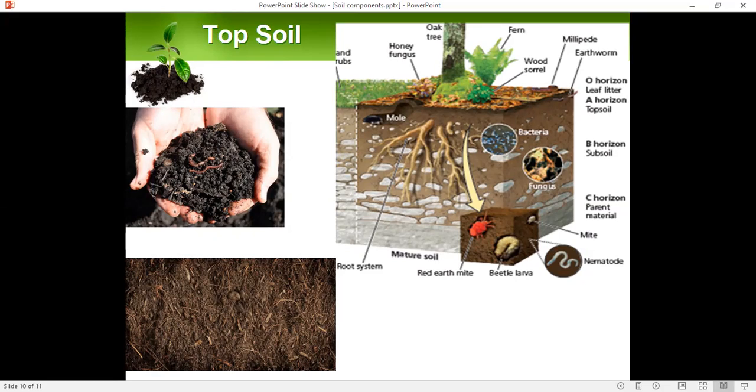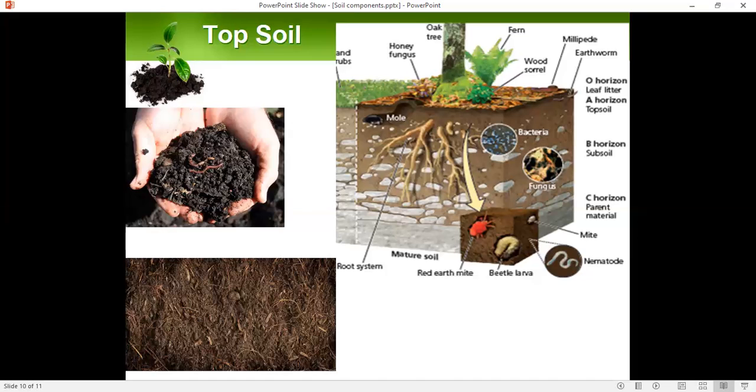So it will allow the air and water and the nutrients as well to pass easily through the soil. So it's important for soil. And also ants and other insects dig tunnels in the soil to make nests or lay eggs. So the importance of ants and insects to the soil is that when these animals die, their bodies decay, forming humus. That's right.